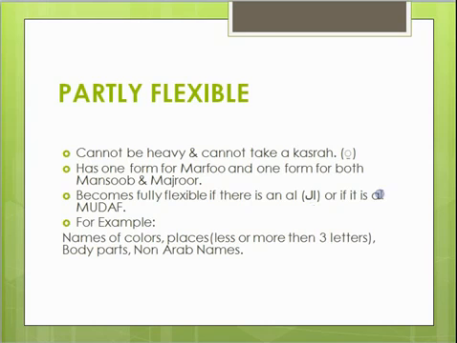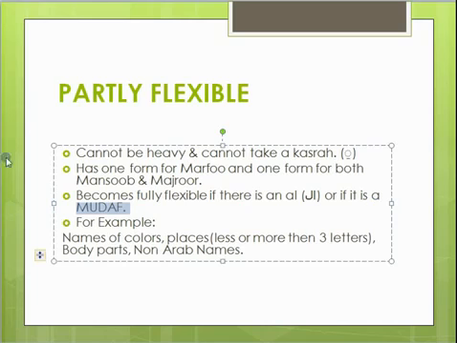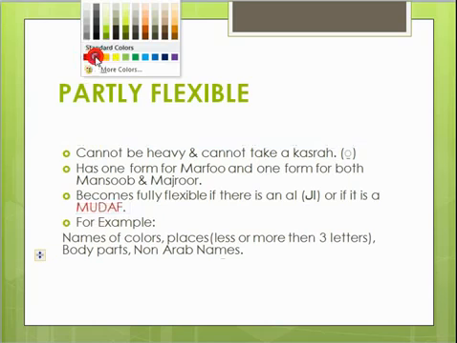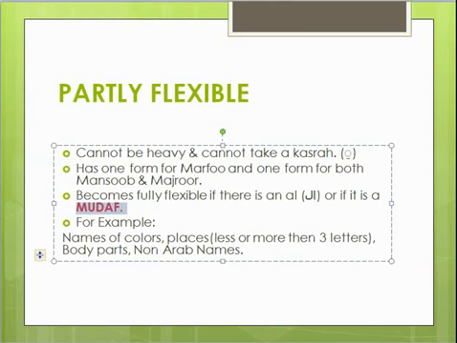And there is another reason when it can be changed, that is a mudaf. I know this is something that you have no idea of because we have not done it. It's part of the fragments, and actually it will be done in the next video, Insha'Allah.